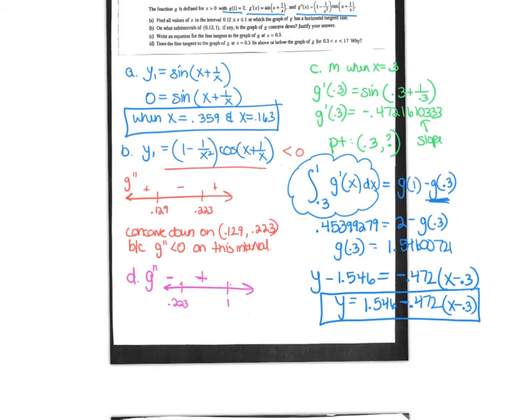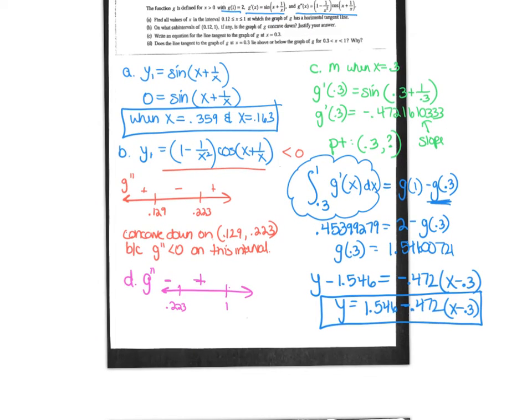So what's happening on our graph here is at 0.3, comma, what's our y value? 1.5. So I'll just put that here. We have this negative tangent line, and from 0.223 to 1, this graph is concave up.